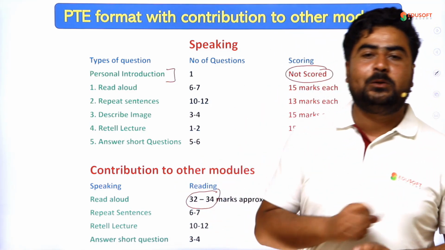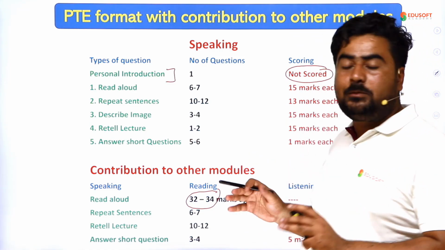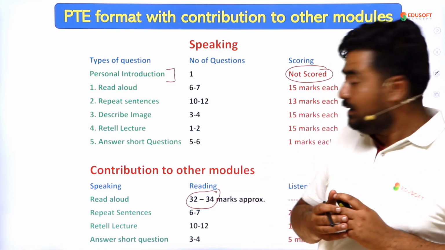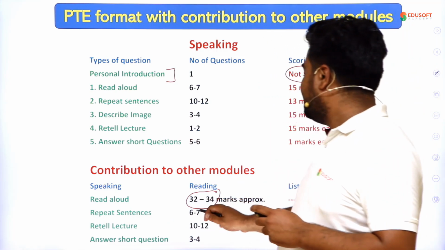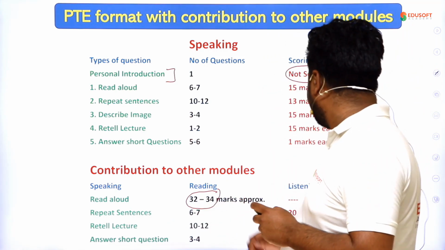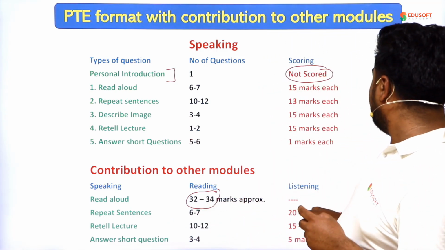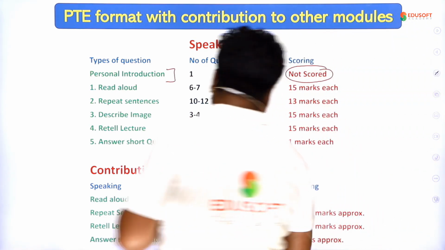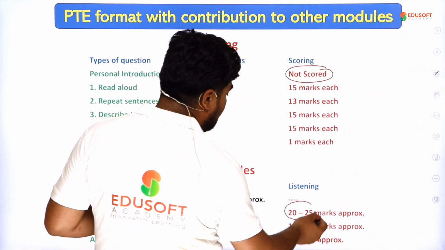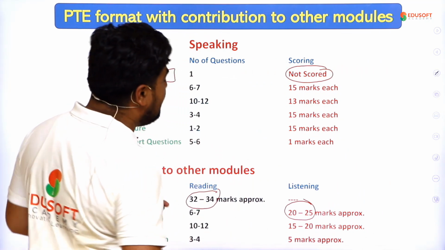So this is the beauty of PTE. You have to be conscious about the contribution table as well. Repeat sentence will contribute 6 to 7 marks to reading, and 20 to 25 marks to listening. Look, repeat sentence will contribute 20 to 25 marks in your listening.